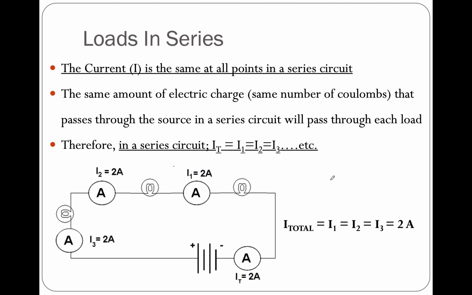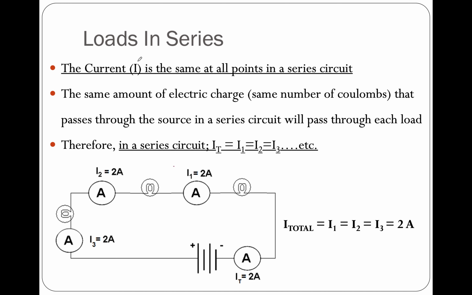Now we're going to take a look at this specific case of a series circuit as well as a parallel circuit because there's an interesting relationship between current, voltage, and resistance at different points in a series circuit. So remember what a load is: just anything that's connected that transforms electrical energy into some other form of energy. And let's see how these loads are connected, and let's see how the current behaves in these different loads.